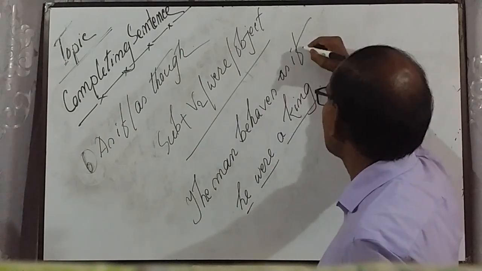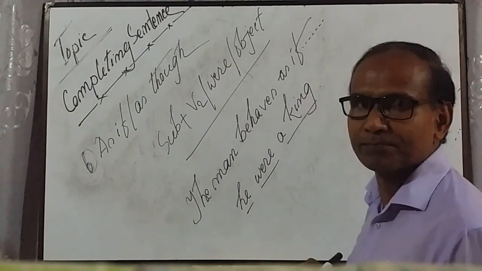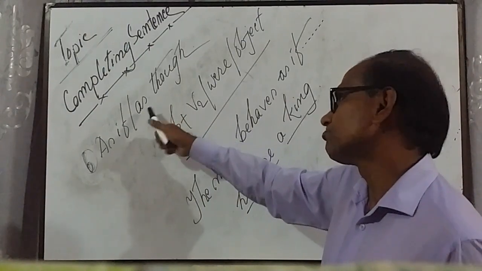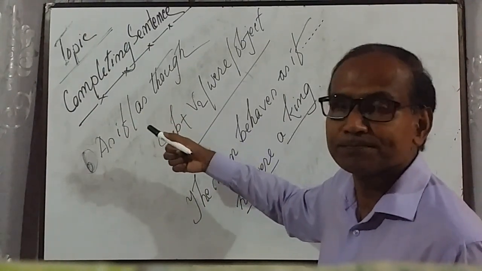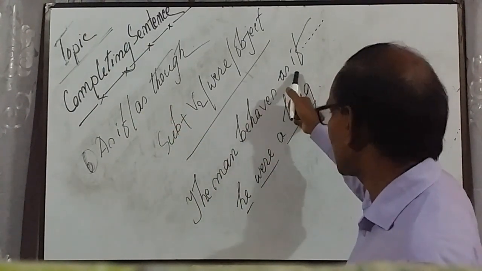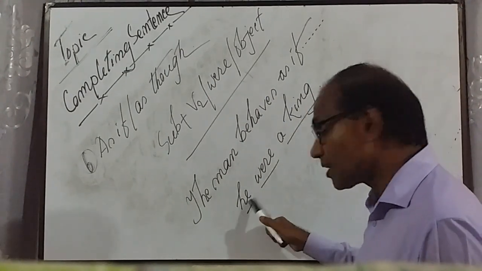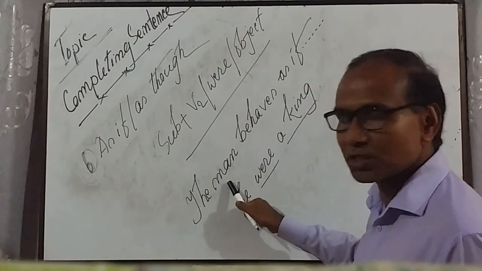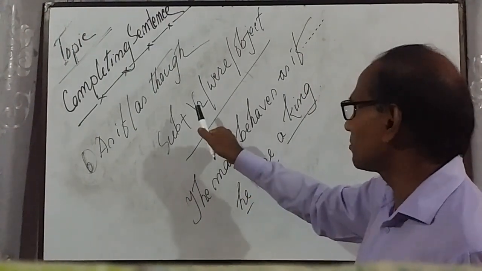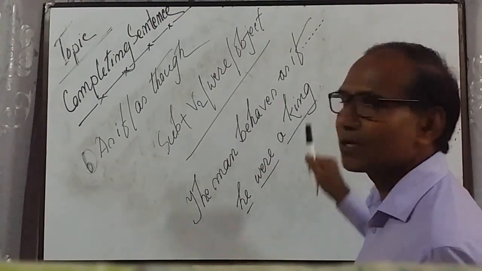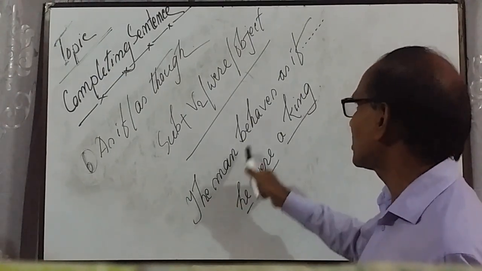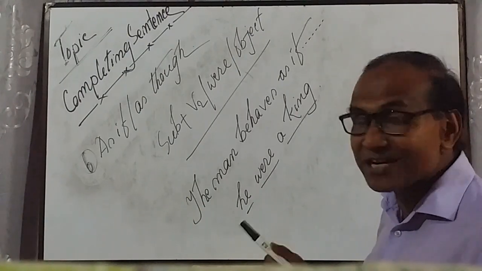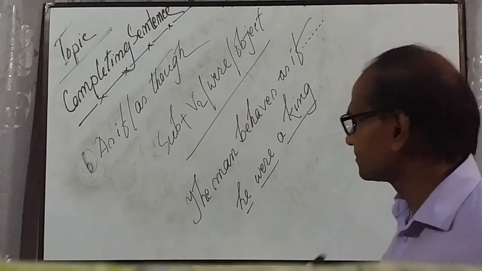After as if, you will have a gap. So as if or as though express the same meaning, and after as if or as though you have to bring another subject according to the first one, then either be to or were and then object. That means the man behaves as if he were a king. That means the man pretends to be a king.